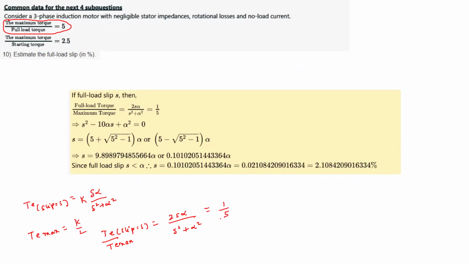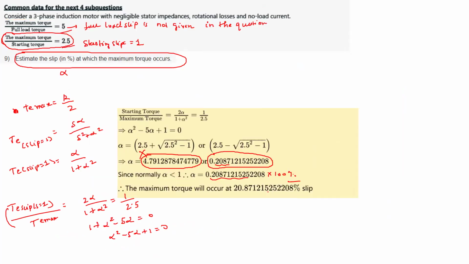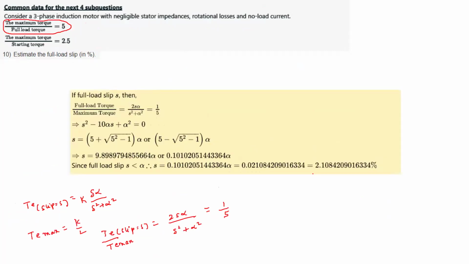Now, first of all, we know that the slip at which maximum torque occurs is alpha, which equals R2 by X2, or R2 dash by X2 dash.